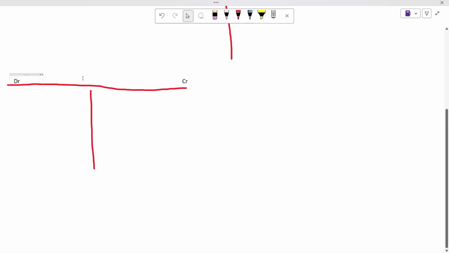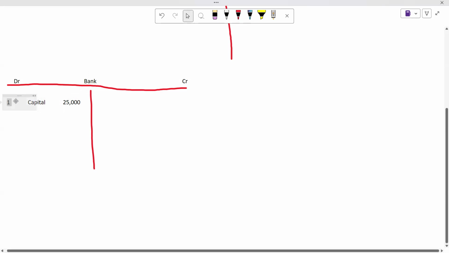This is debit. The name is the bank. The amount was 25,000 because my bank was being debited. So on the debit side, I'm going to keep this 25,000. And the dual effect was capital, and it happened on 1st May. So I'm just going to write 1st May. That's all.